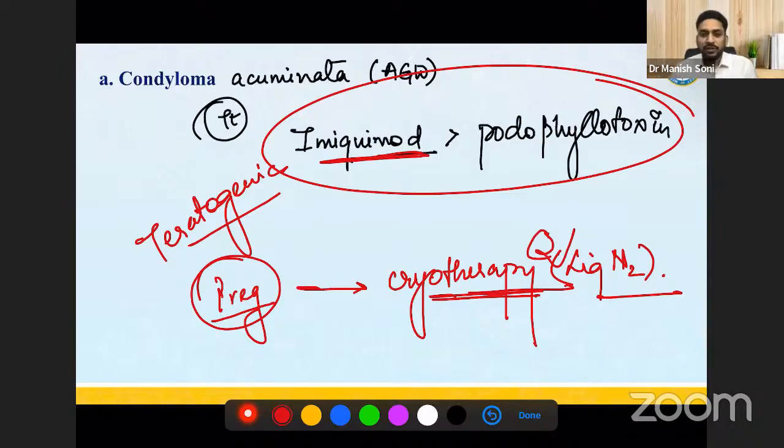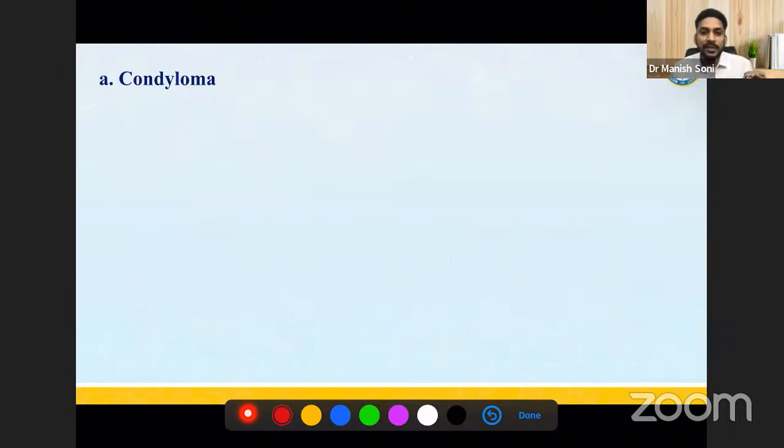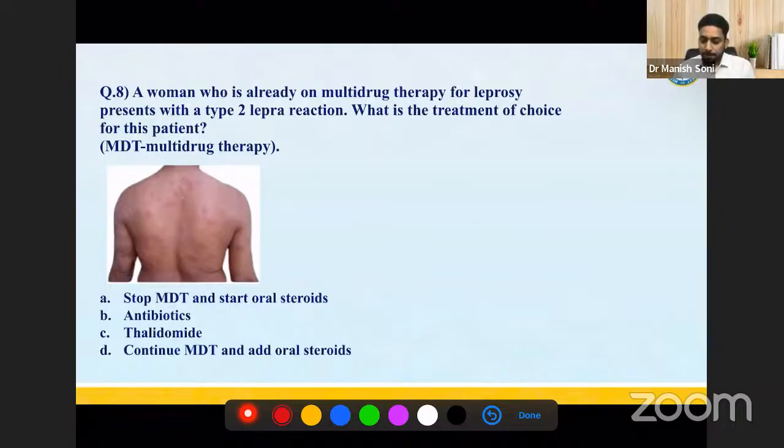Moving to the next question, which was also recently asked in your exam, and that was based on mycobacterial infection caused by Mycobacterium leprae, that is leprosy. Now here is the question: a woman who is already on multi-drug therapy. So all of you know what is the treatment for leprosy?